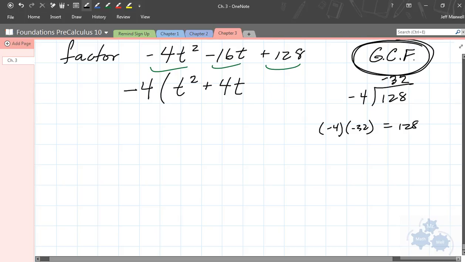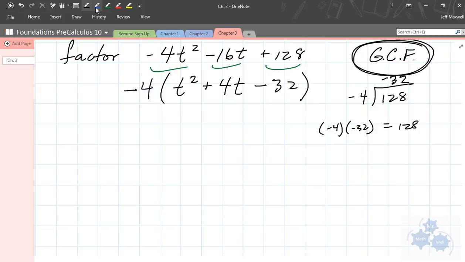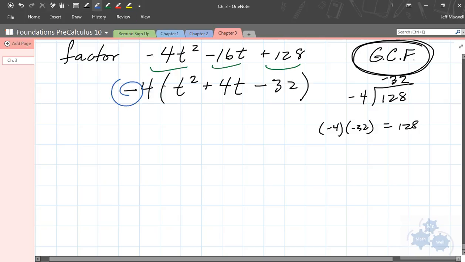Okay. Now, your question is valid. Why did I pull out a negative? Well, if you notice, and I'm just going to write this down here, minus 32, to finish this off. I pulled out a negative 4 because I want the coefficient on this term to be a positive 1. If it's a negative 1, it makes it a bit trickier. So you want this to be a positive 1.